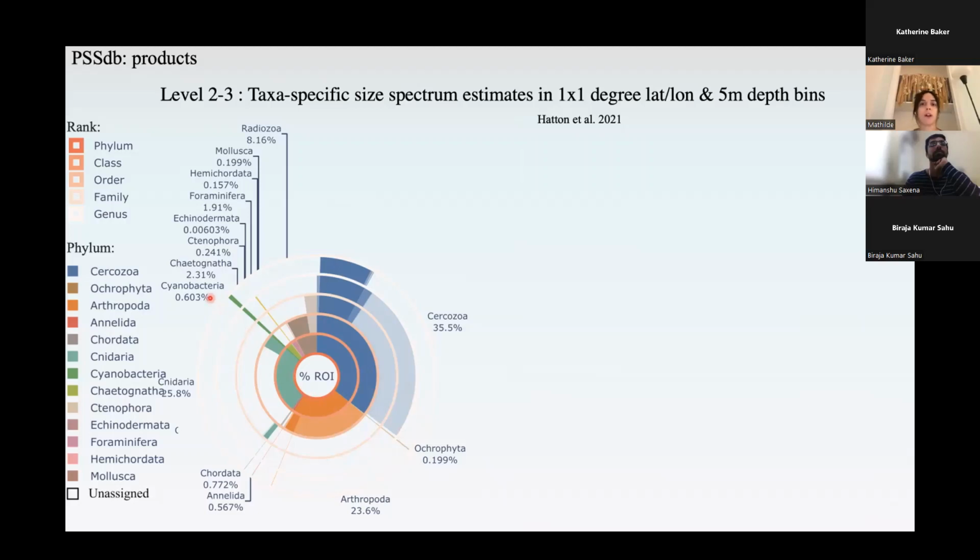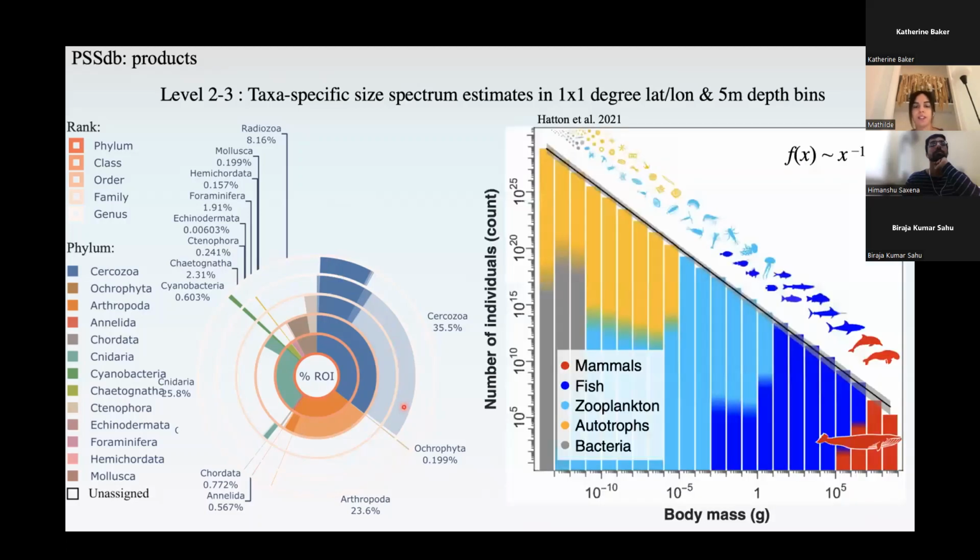That would be only the Trichodesmium colonies, which are large enough to be detected by the UVP. Also, you'll notice the predominance of the Cercozoa group, which includes the Rhizaria. So the goal is then to produce the NBSS and to see shifts in the different taxonomic groups. That would also be available on PSSdb.